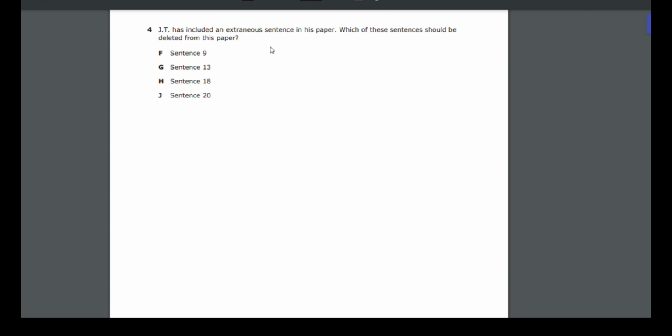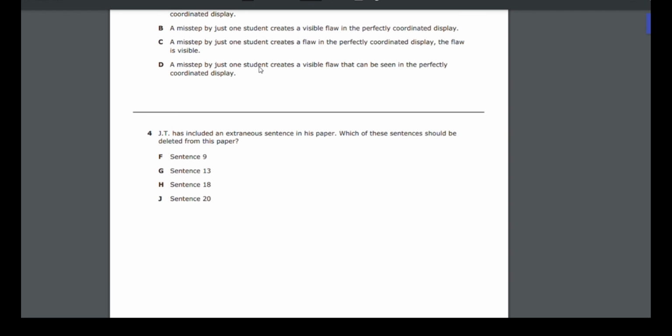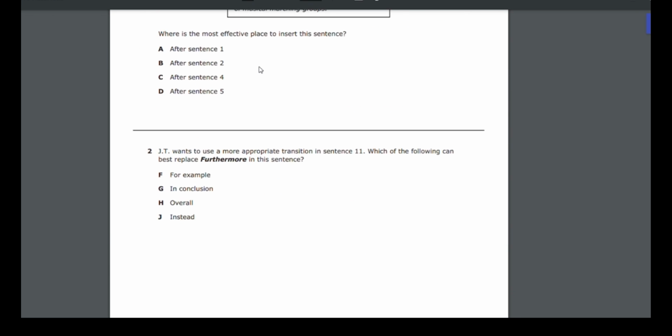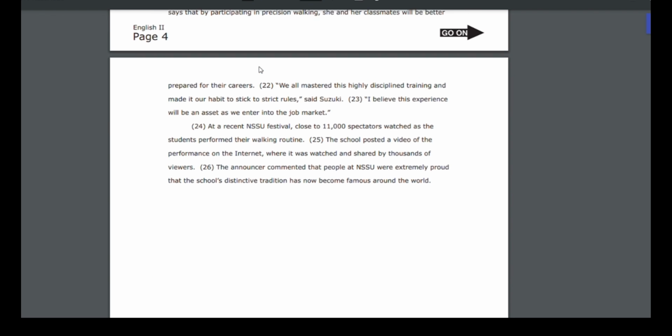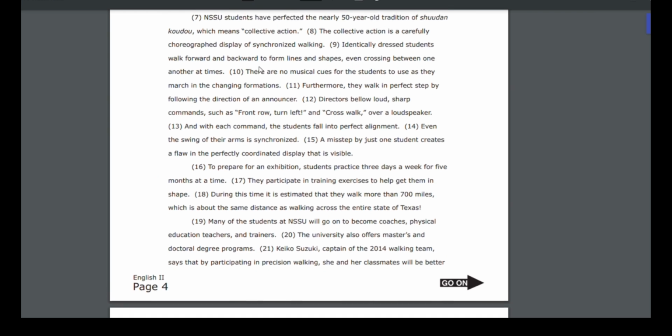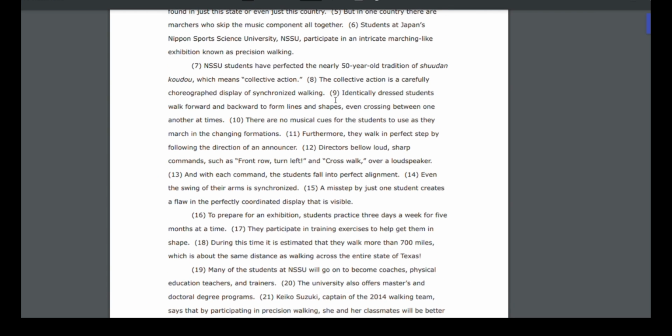So JT has included an extra sentence in his paper. Which of these sentences should be deleted from this paper? Okay, so he is going to go up. So we have 9, 13, 18, and 20. This is the one time that we do read, but we do not read a lot. So the first sentence we're going to read is 9. Okay, we're going to read the sentence before and the sentence after.